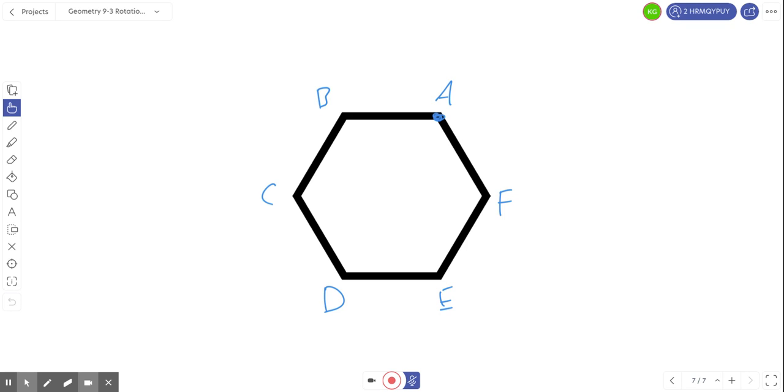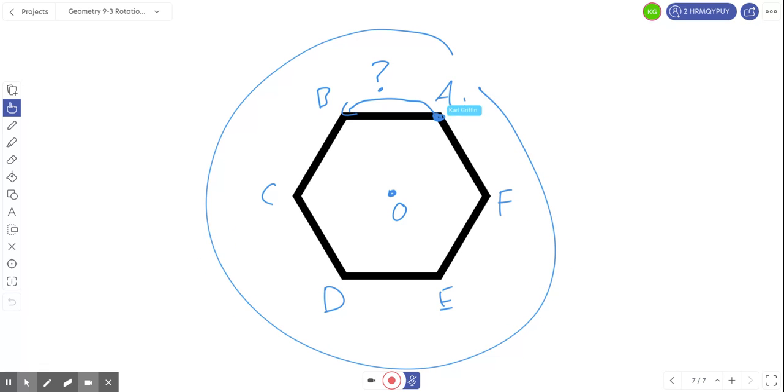How far would I have to rotate, about the center, which we'll call O, to get A back to A? Rotating all the way around is 360.